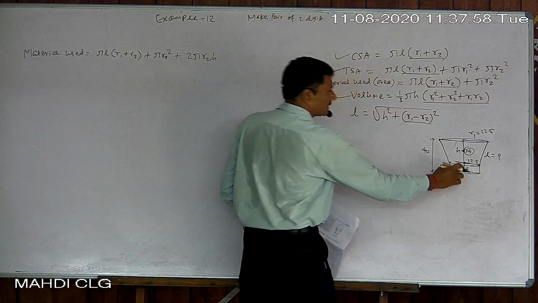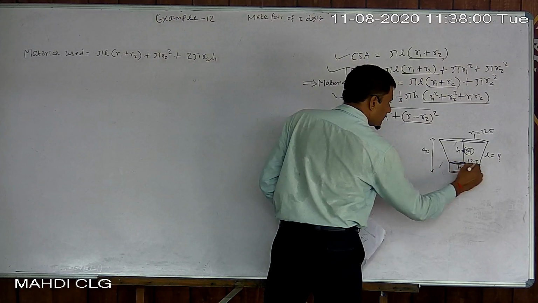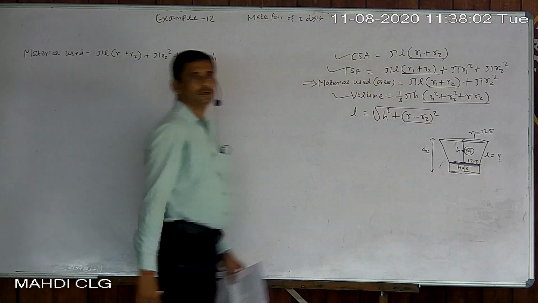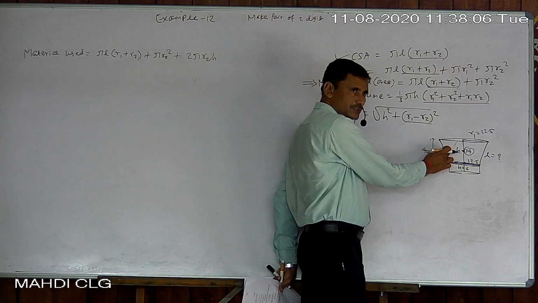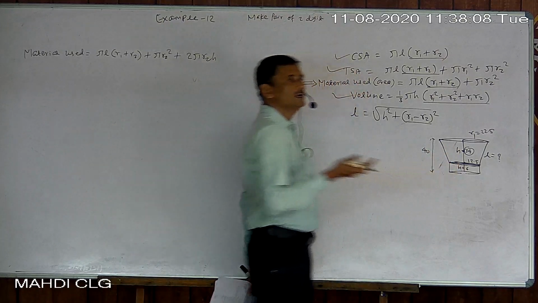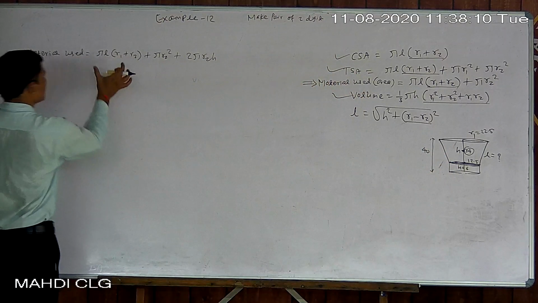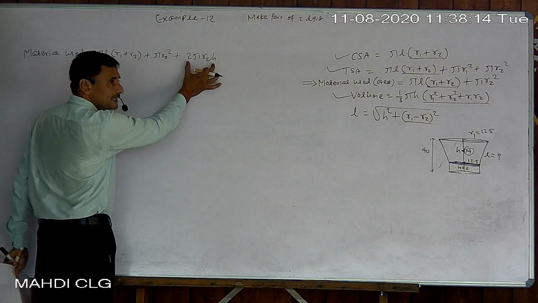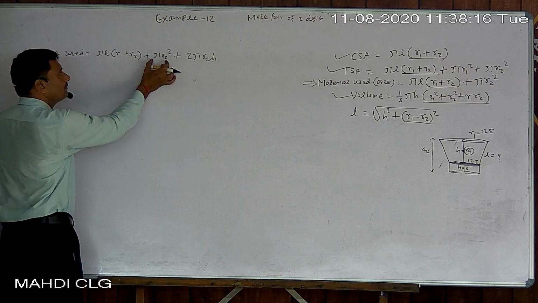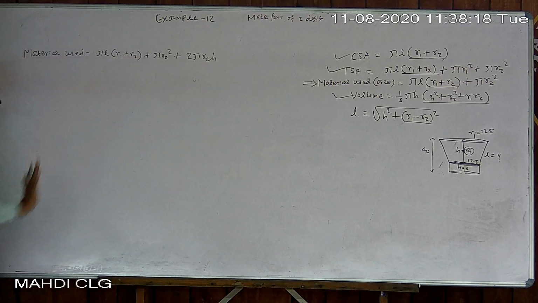This is the open part and this is the closed part. So material used is the CSA of the frustum of the cone, the CSA of the cylinder, and the bottom of the frustum. All three are taken.